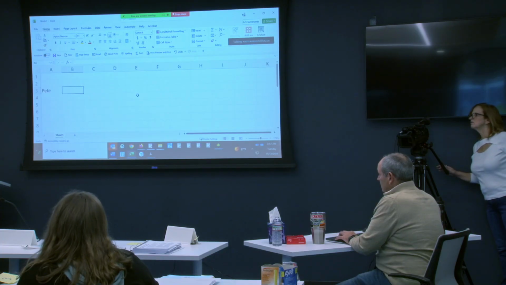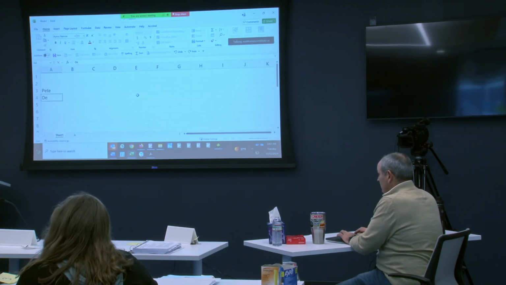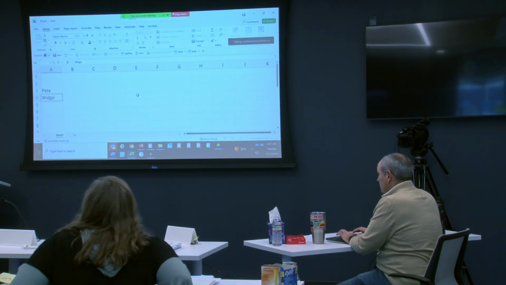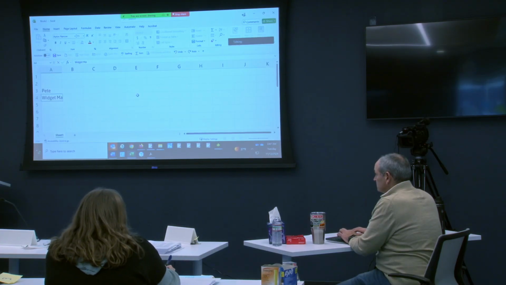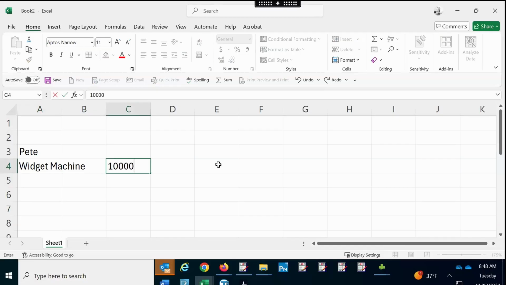We're going to say depreciable equipment, widget machine. I always like the old widget machine. That has an acquisition cost of $1 million.